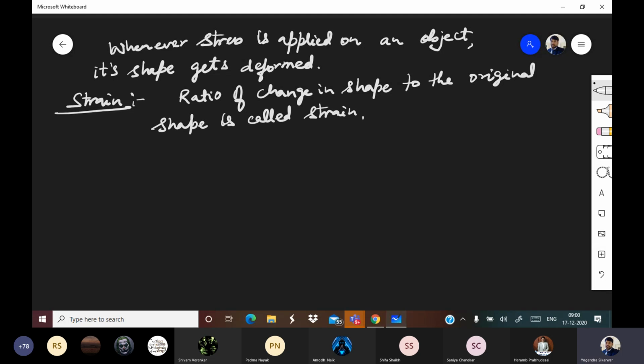Okay. So what is strain? Strain is equal to change in shape upon original shape.